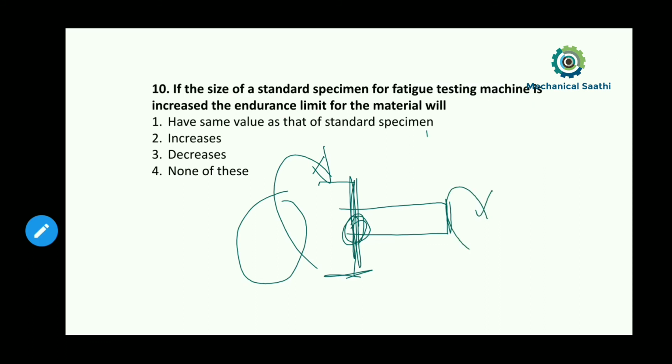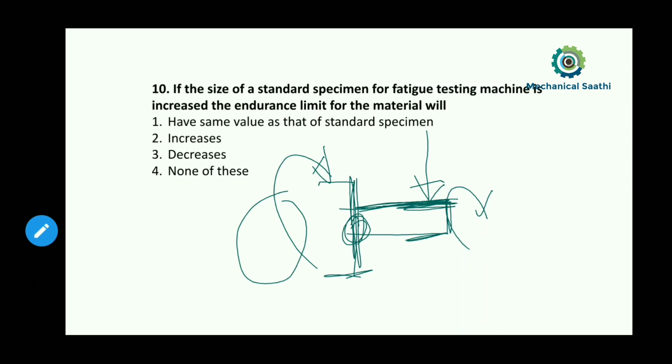Suppose we are applying some load over here, then what may happen? For a particular time, the load is being applied in this upper part. Then for some other time, it is in this other part. If we consider this stage, the load is applied in this upper part.